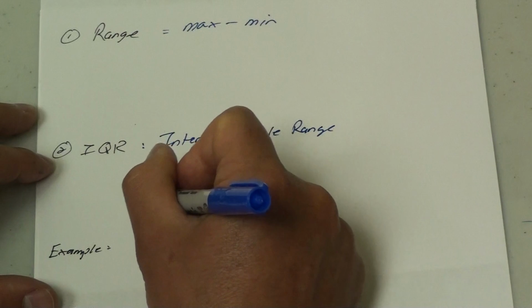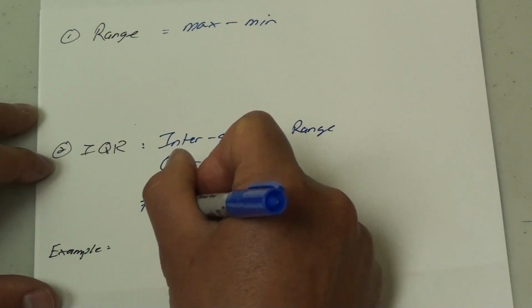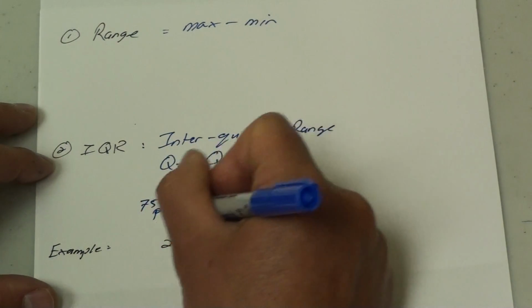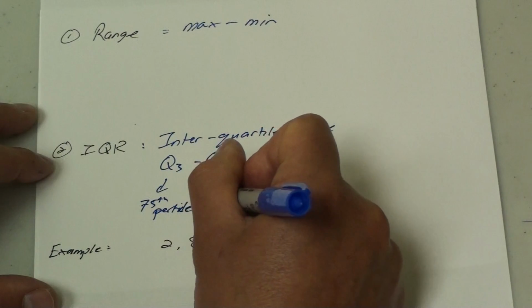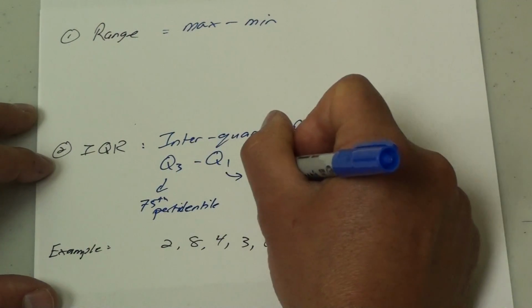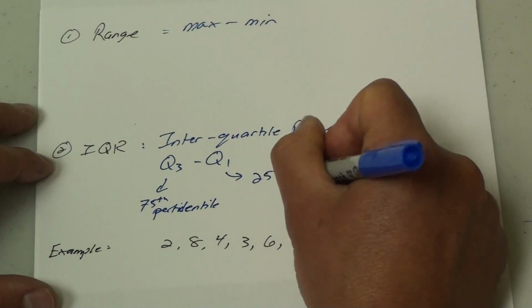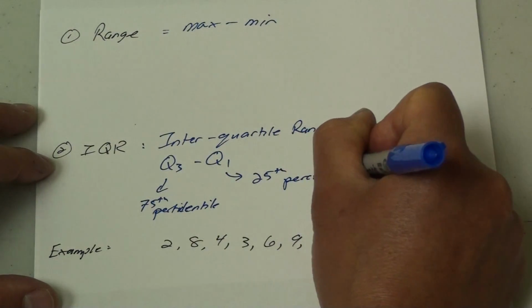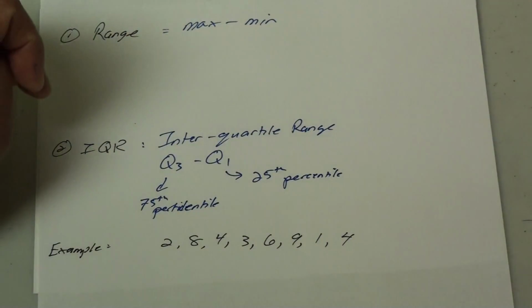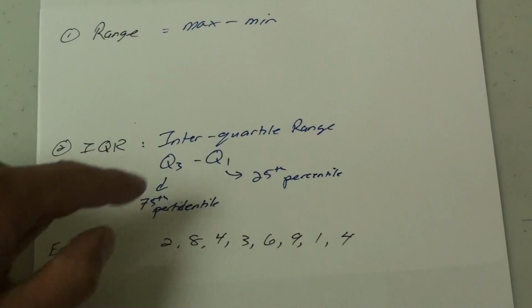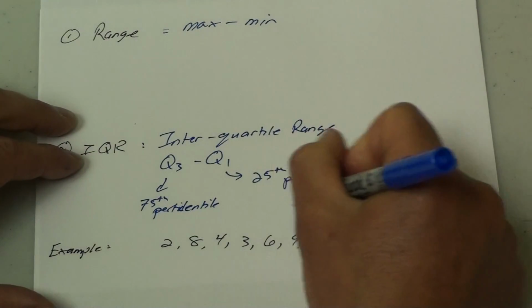Q3 is like where the top 75th percentile lies, and Q1 is where the 25th percentile lies.